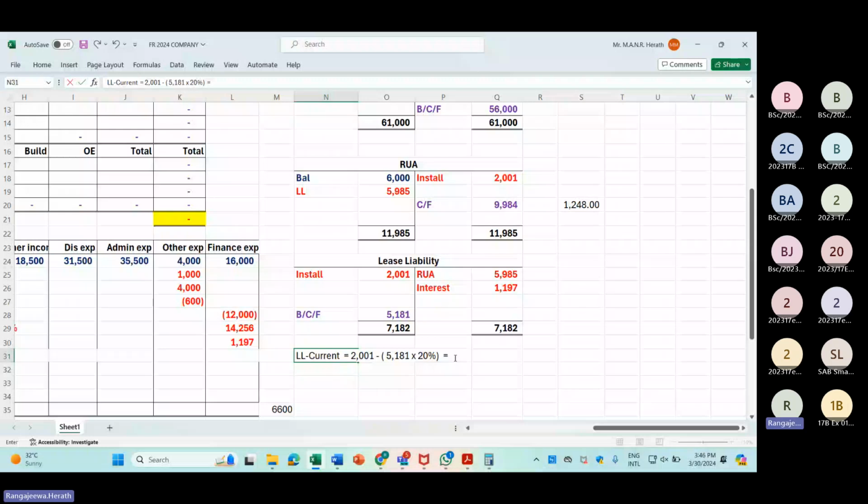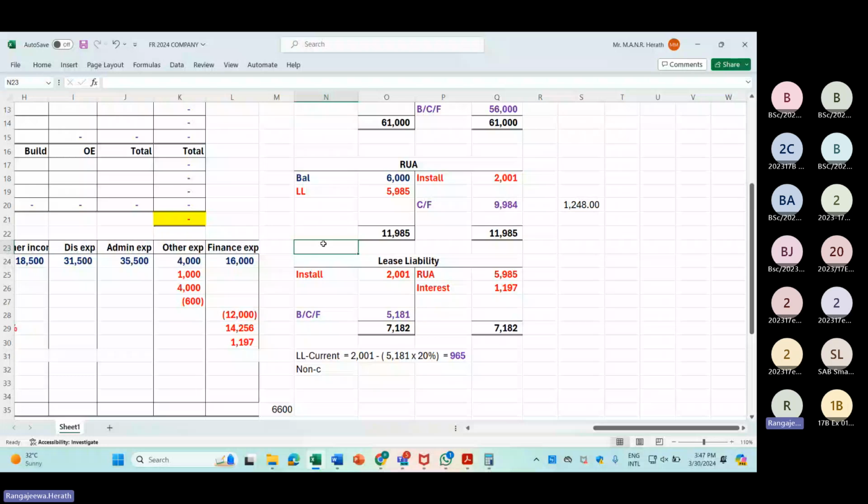Lease liability non-current. The total lease liability is 5,181.